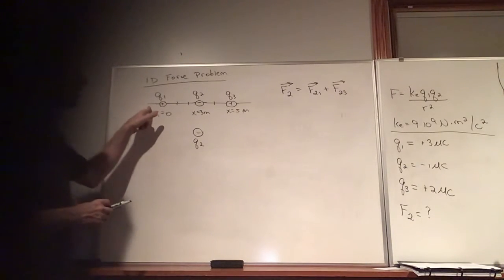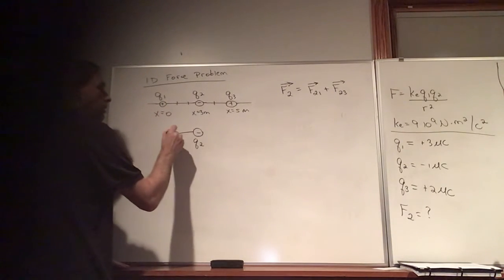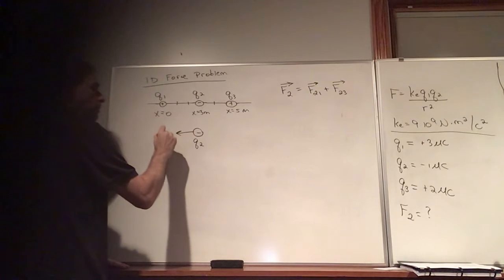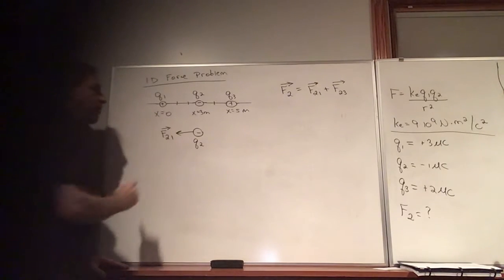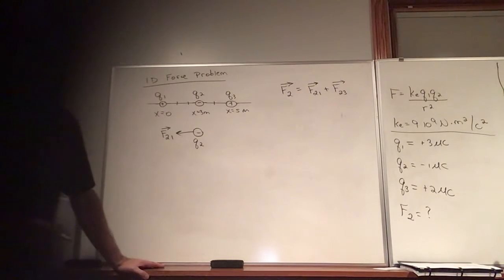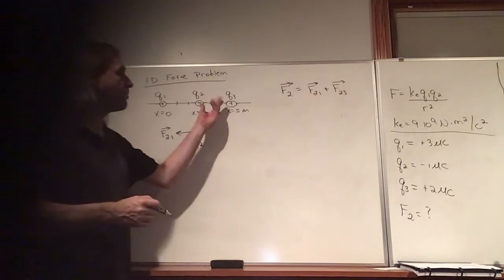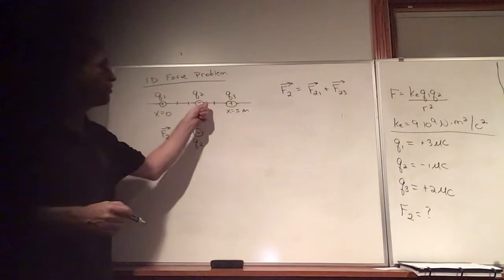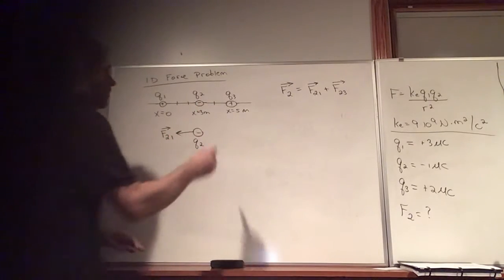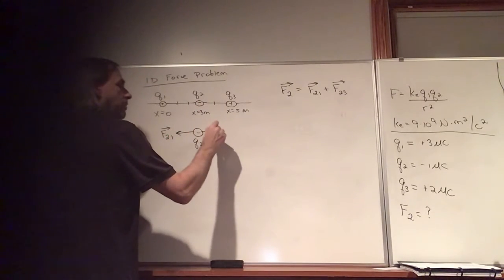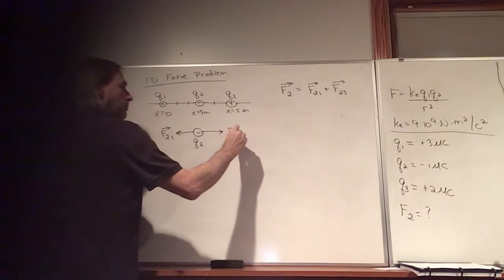It's attracted to this positive charge. So F21 is going to point to the left. And then if we look at the interaction between 2 and 3, charge 2 is attracted to charge 3. And so it's going to point in this direction.